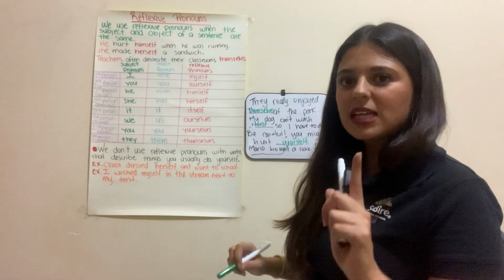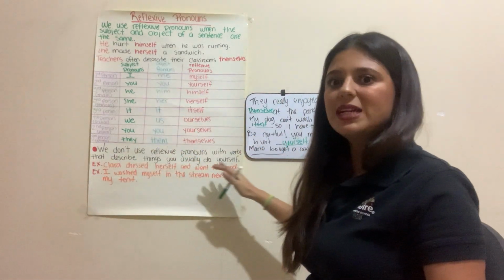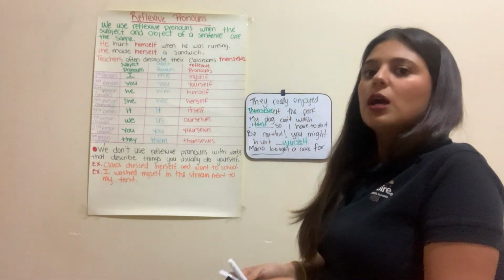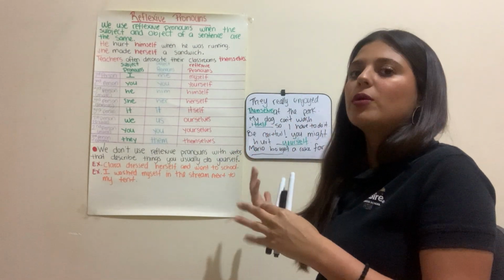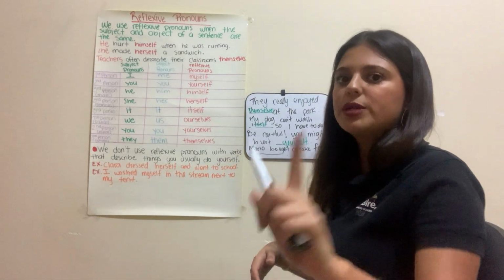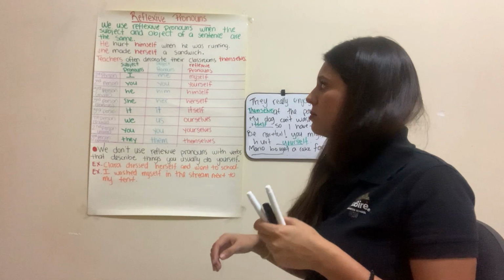Now, in this case, because we don't literally have the subject pronoun written in our sentence, we have to identify who is Mario. Which subject pronoun are we going to use to replace Mario? In this case, Mario is one person, okay? And Mario is a male, okay?